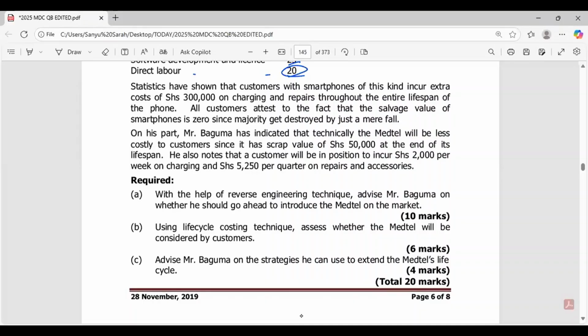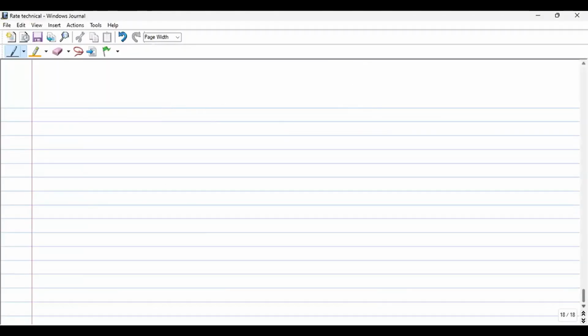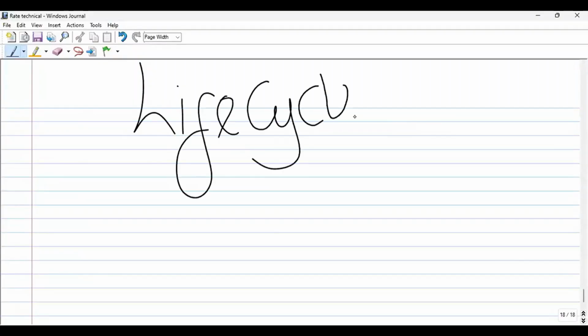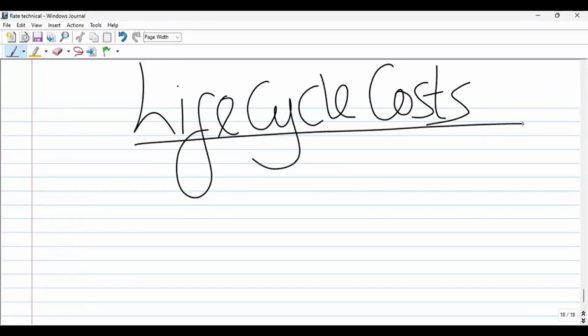So we are going to compute life cycle costs.